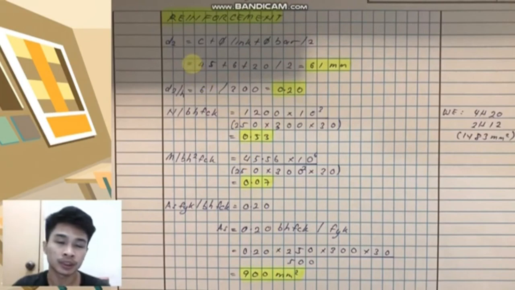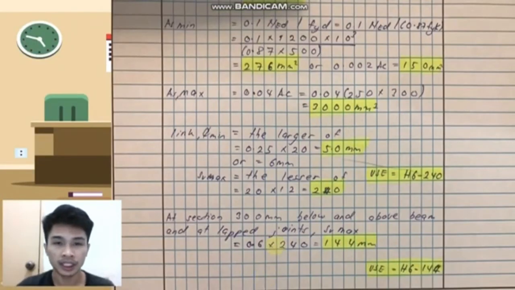For reinforcement, d2 equals 61 mm, d2 per h equals 0.20, N per bh fck equals 0.53 and M per bh square fck equals 0.07, As equals 900 mm square. Okay, As min equals 276 mm square. For As max equals 3000 mm square.